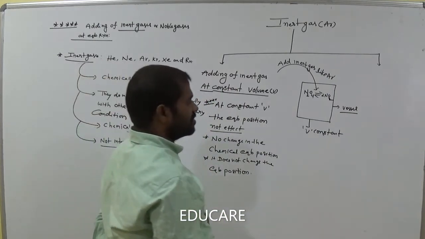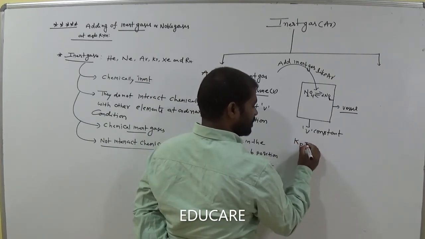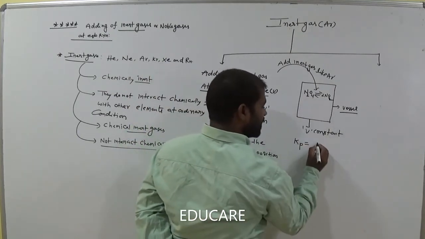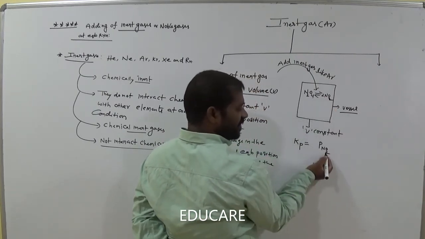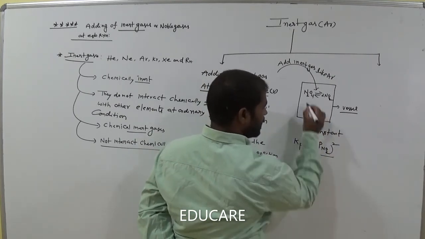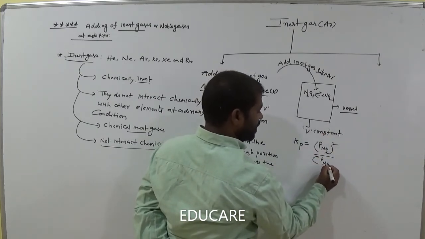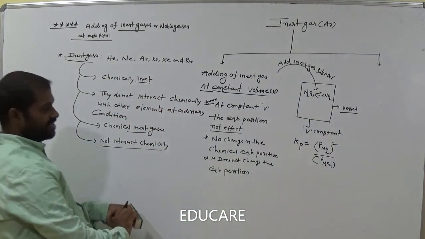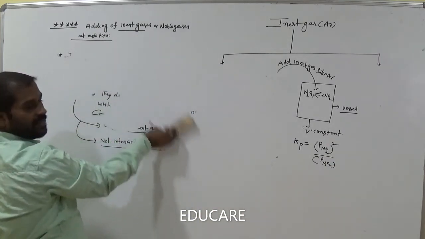Now write the Kp expression for the above equilibrium. Kp expression means the partial pressure of NO2, this is the product, with power 2, divided by the partial pressure of N2O4. This is the Kp expression.